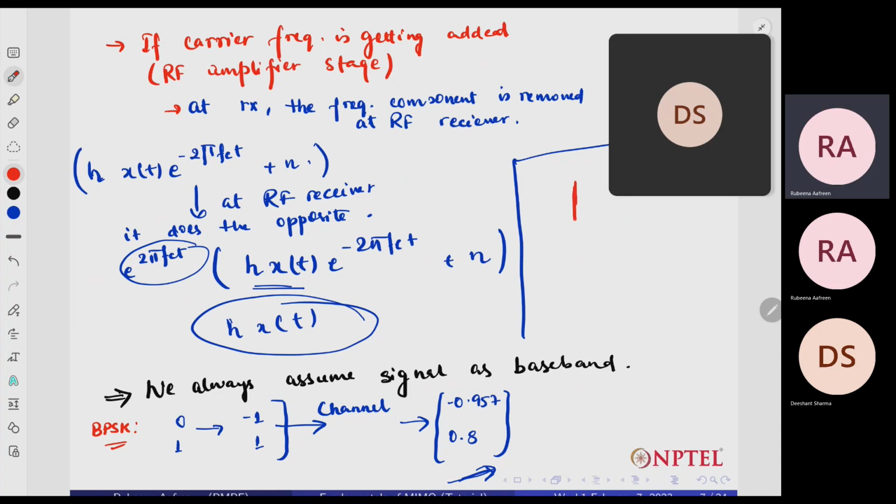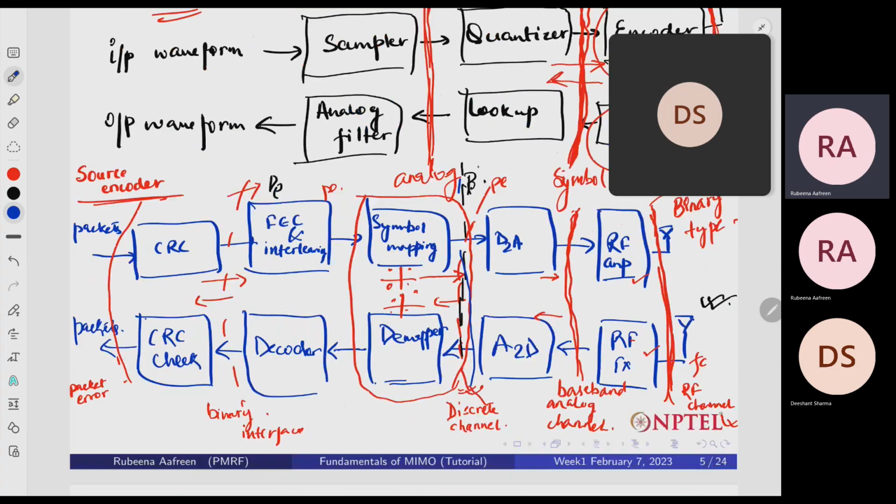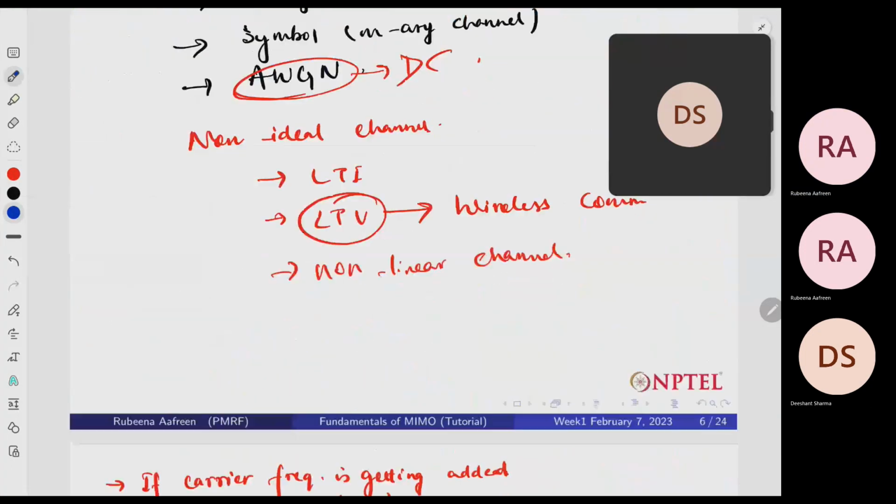So we see the constellations. These are the symbols, suppose. We say that we are transmitting these symbols over the channel. What actually happens is that all of that processing is followed, but at the receiver we do the opposite of whatever is done at the transmitter, so we do not bother about that. We give a symbol and then we receive a symbol.